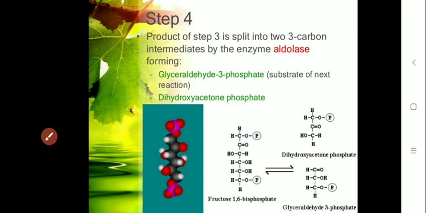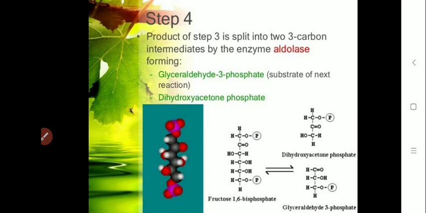Then the next step is step 4, which is cleavage. Here the product of step 3 is split into two 3 carbon intermediate compounds. The 6 carbon sugar is cleaved to produce two 3 carbon molecules.